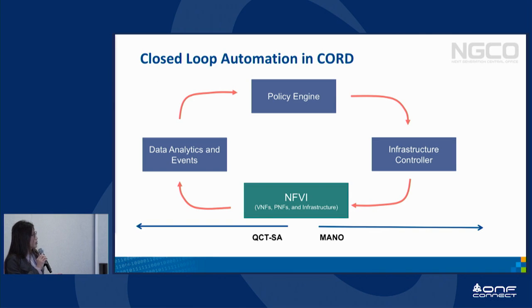Now we are talking about the closed loop automation in ONAP. First, we must collect all the statistics from the NFVI, including the VNFs and PNFs and infrastructure.